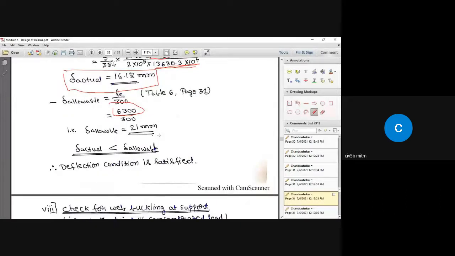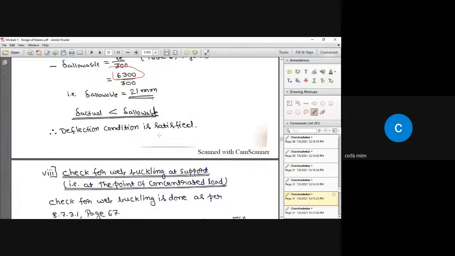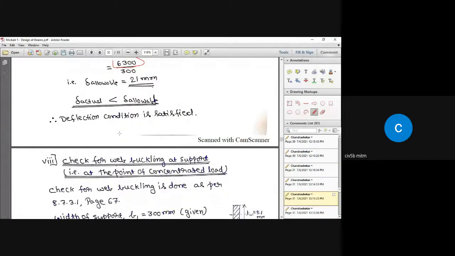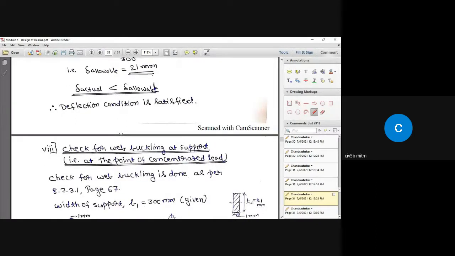So the actual deflection is less than the allowable deflection. So even the deflection condition is satisfied. This completes three main checks: shear, bending, and deflection. The next two steps are check for web buckling and check for web crippling.